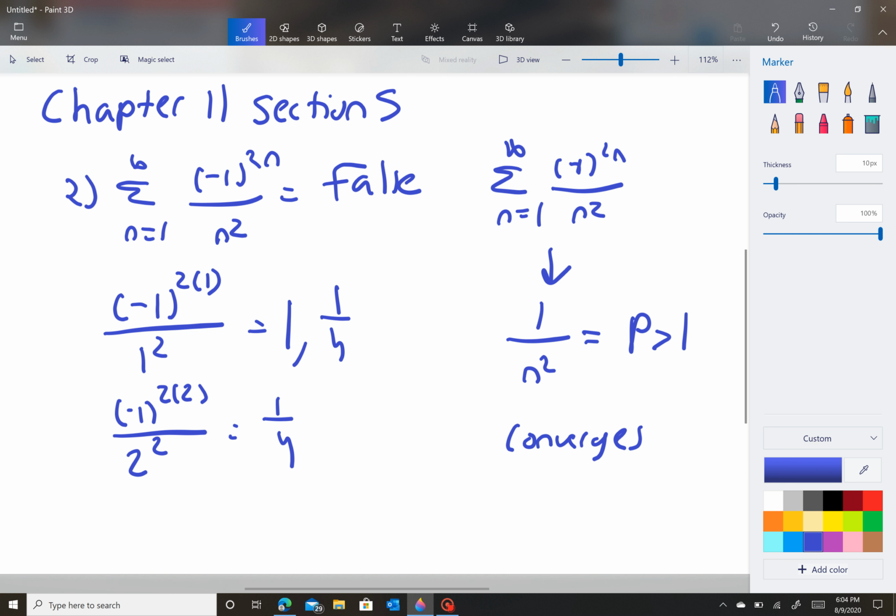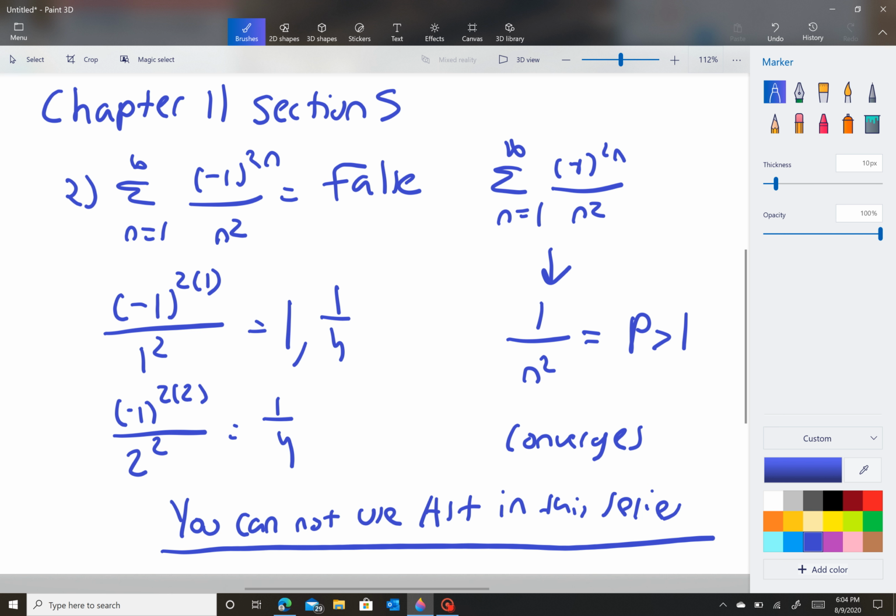It converges. So you cannot use the alternating series test in this series. You cannot.